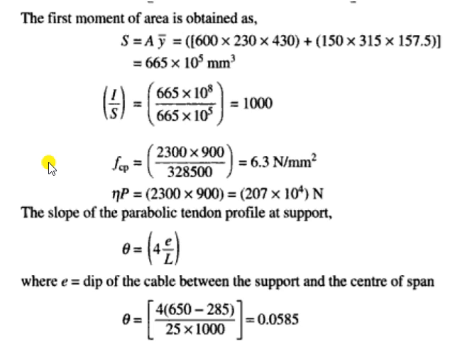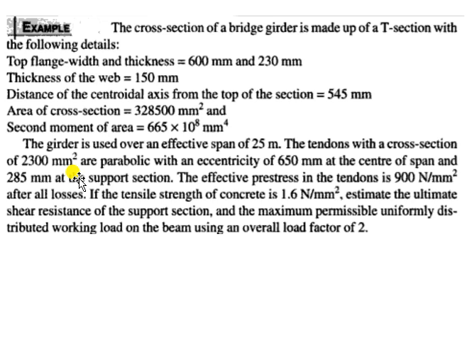So in the question, pre-stressing force P is not given. So they have given the cross-section area of the cables and what is the effective pre-stress in the cable. So see here, it is given that the tendon with a cross-section of 2300 mm square and the effective pre-stress in the tendon is 900 Newton per mm square.